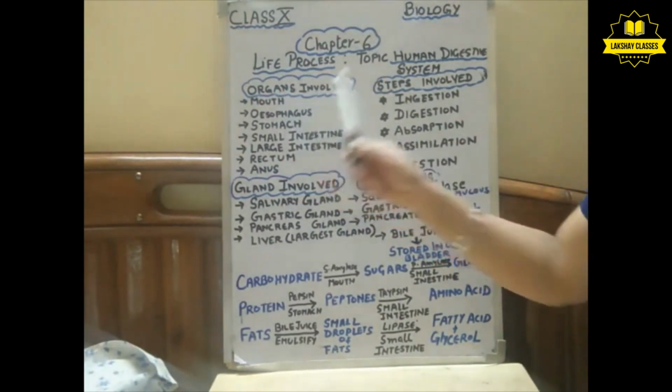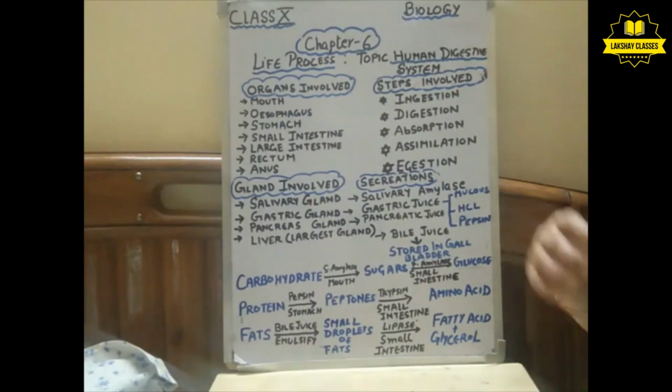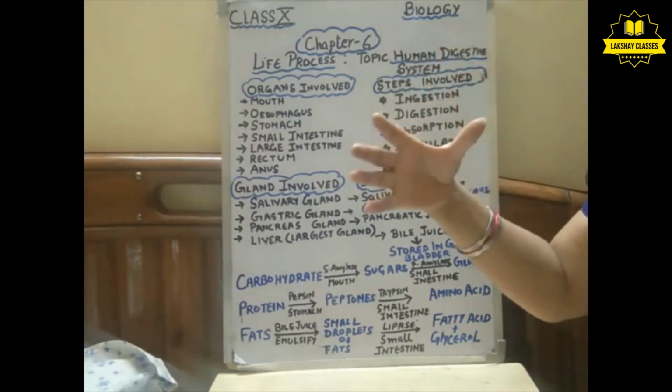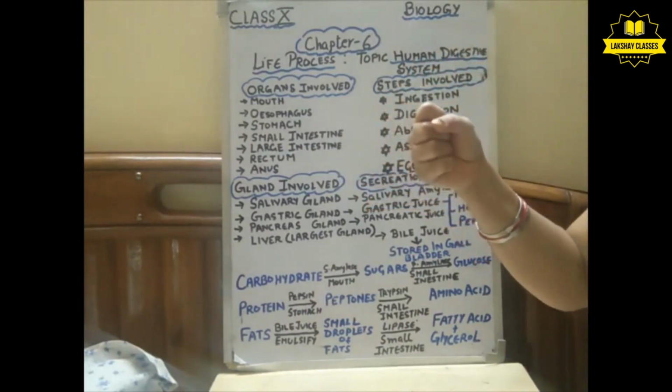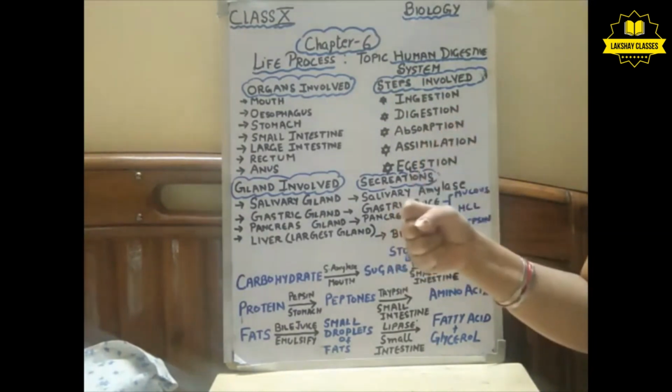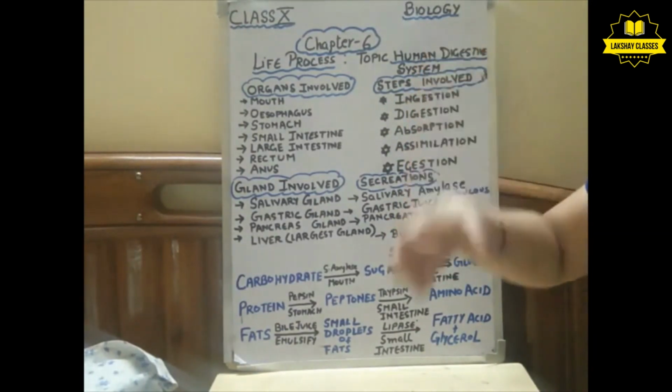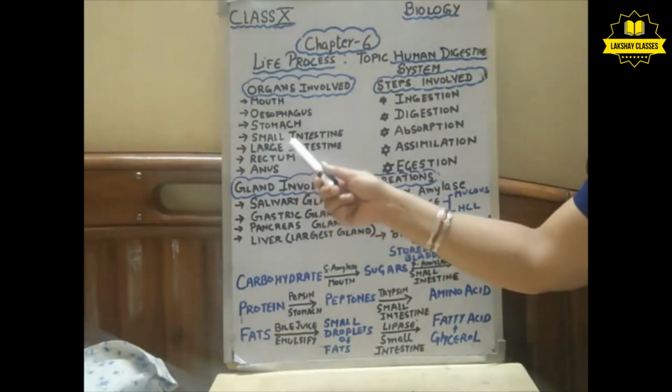Through the esophagus it will reach the stomach. The movements which are taking place in the esophagus are peristaltic movements. Peristaltic movements are the contraction and relaxation of the muscles of the esophagus, and this contraction and relaxation will push the food towards the stomach.